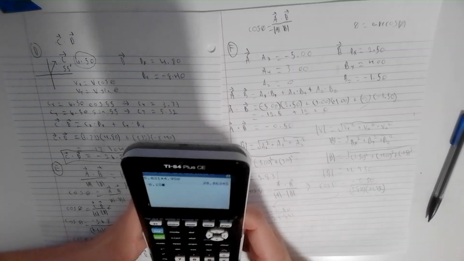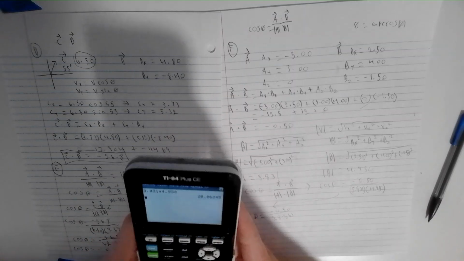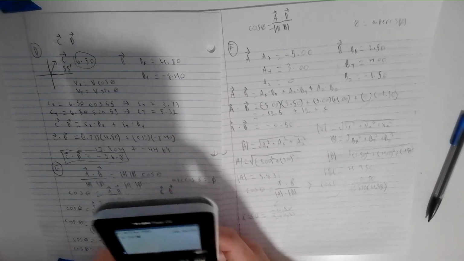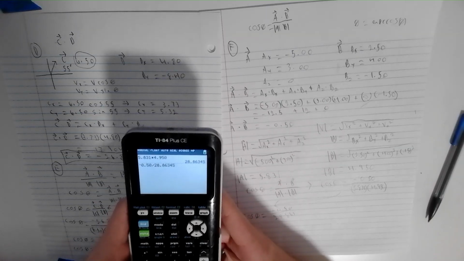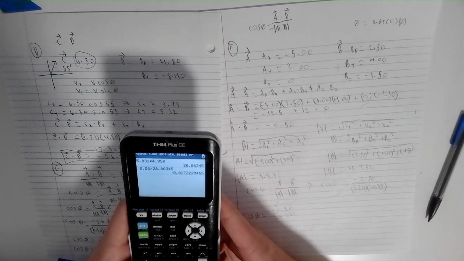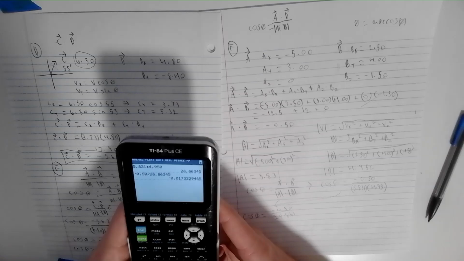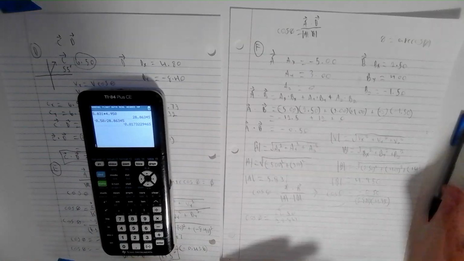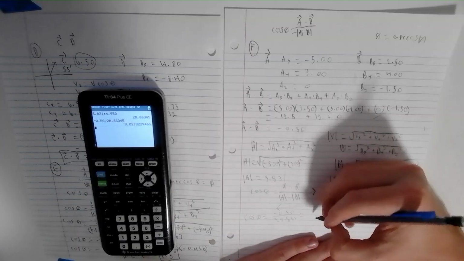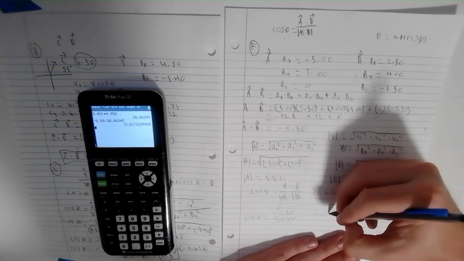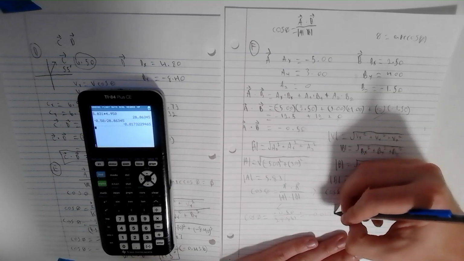Negative 0.50 divided by 28.86. And the angle that we get is, well, that's not the angle. Remember, the number that we get is negative 0.0173.